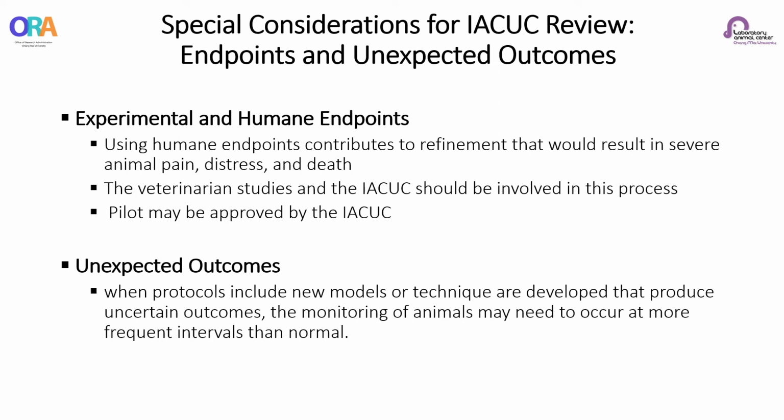Using the humane endpoint contributes to refinement that would otherwise result in severe animal pain, distress, and death. The veterinarian and the IA cook should be involved in this process.